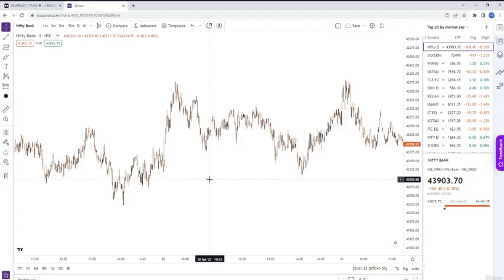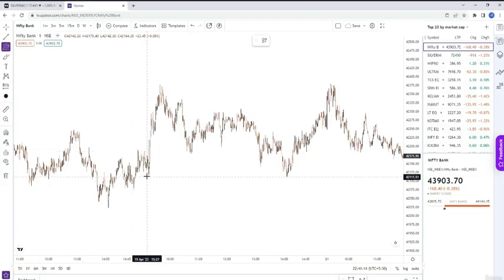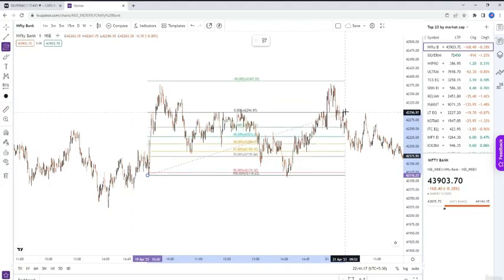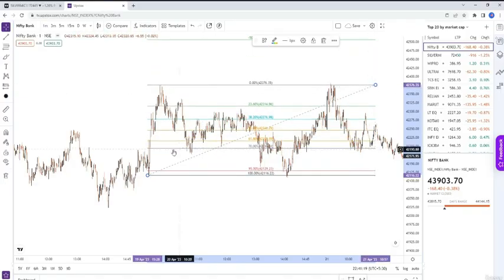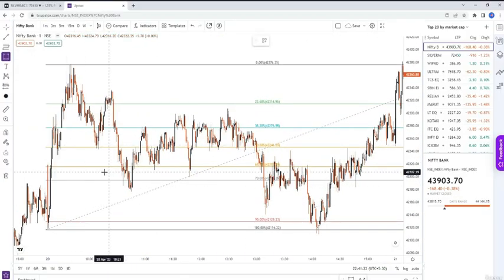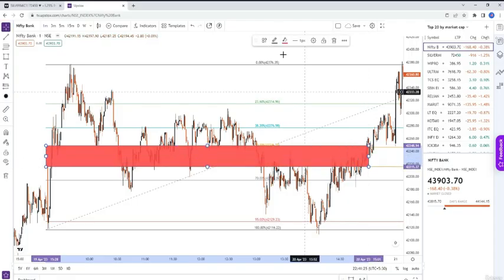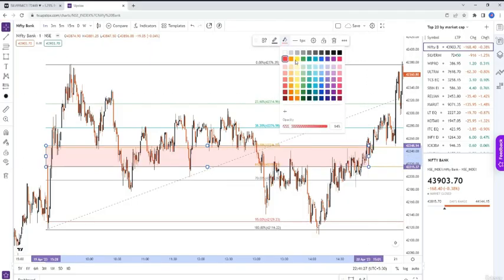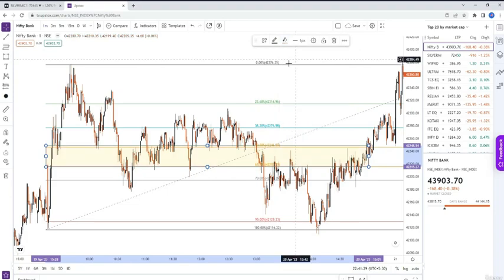Here you see. Let's say I'm drawing my Fibonacci on this. You see, some bad examples also need to be shown. So here is the zone.